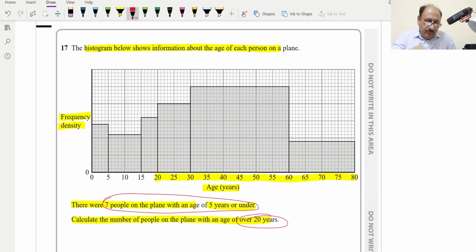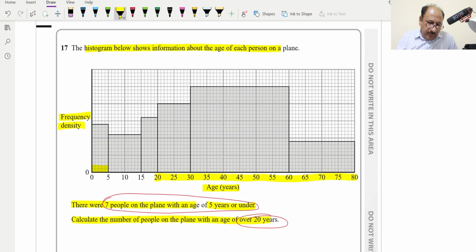So what we will be doing, basically this number they have provided us, this number is 7. So we will check the height of the bar. If we check height of the bar, we can check like this one. This is 2 small boxes are equivalent to 1.